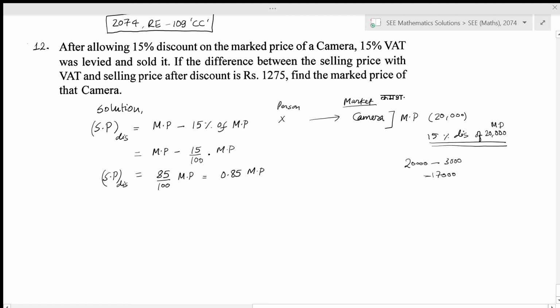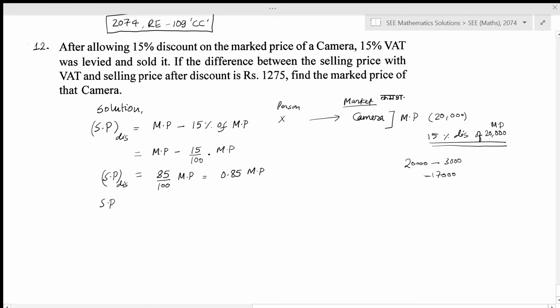But our system says we should pay the tax, for whatever we pay. After your price is finalized, you have to pay the VAT, and the VAT is added on the amount that you pay, not on the marked price. After the final price is set, the value added tax is added. So the 15% should be added on the SP after discount.